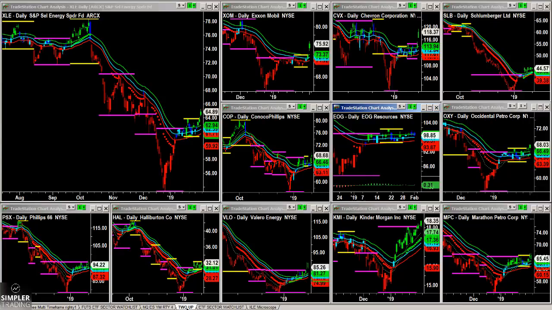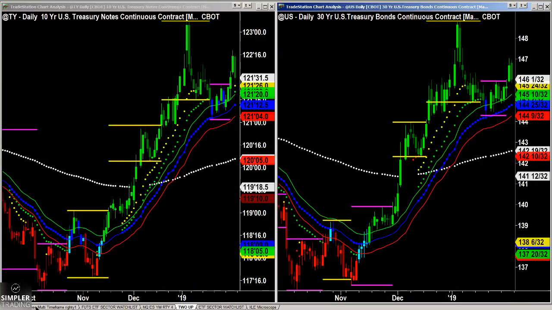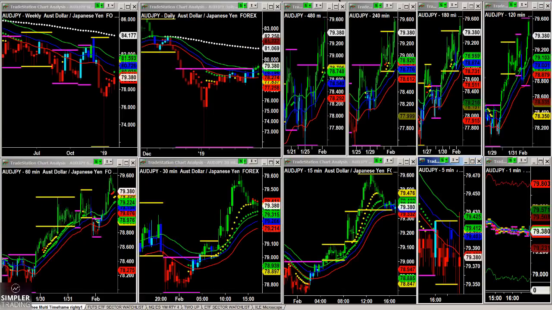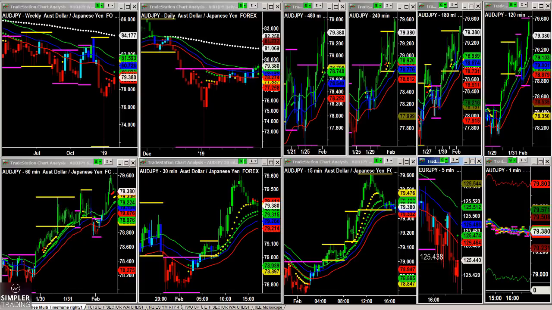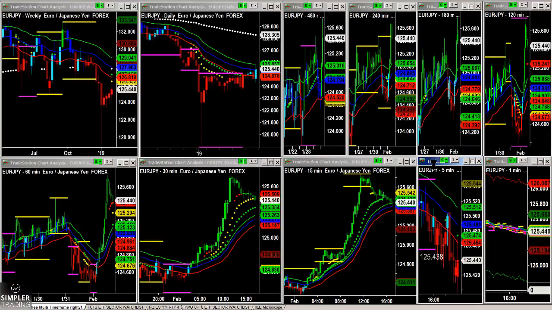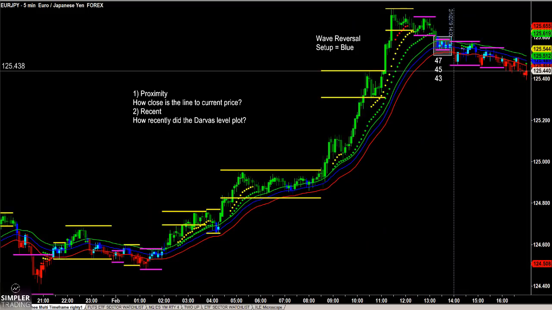Let's talk about euro yen as it was rolling over. The idea was to play a 5-minute chart, just a quick little day trade, as there was a shift to a little bit more yen strength. You can see what happened here. There is your wave reversal right in here. And then this red graph candle is what we call the switch candle.